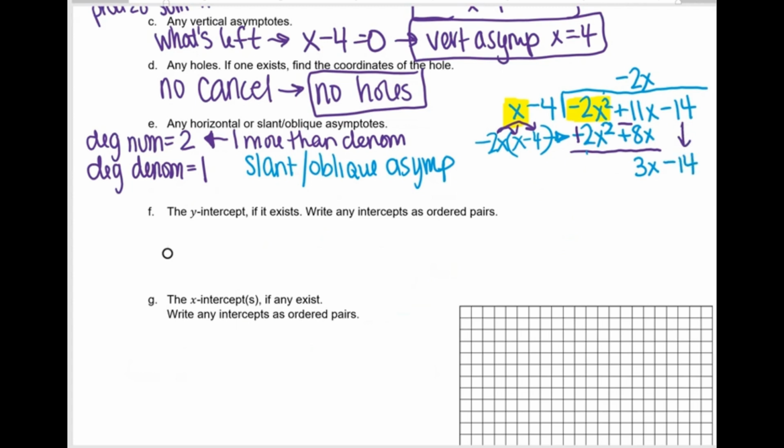What do I need to multiply x by to get 3x? I need a positive 3. Since it's a positive 3, I'm going to put plus 3. So I need 3 times my divisor of x minus 4. Go ahead and distribute. 3 times x gets me 3x. And 3 times negative 4 gets me negative 12.